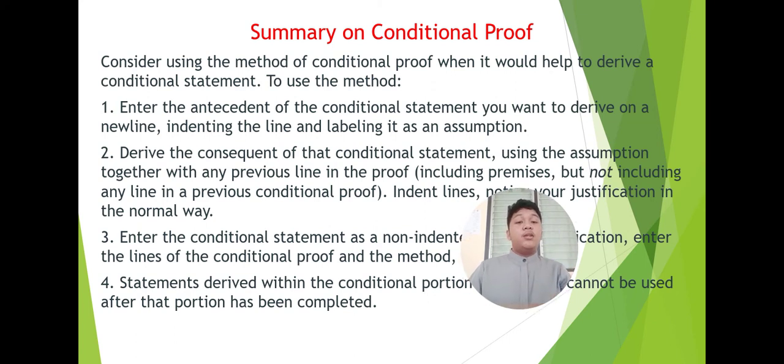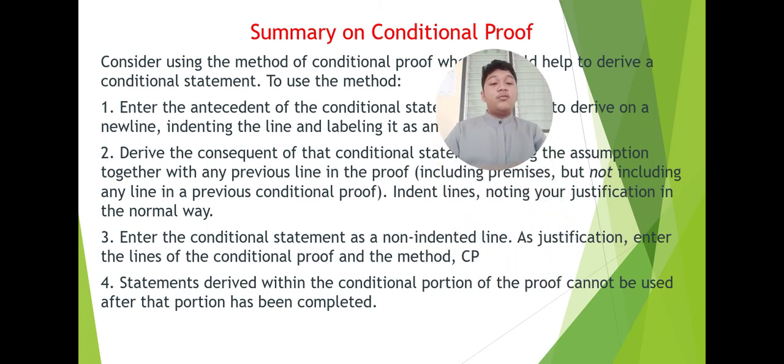Second, derive the consequent of that conditional statement by using the assumption together with any previous line in the proof, including the premises but not including any line in a previous conditional proof. Third, enter the conditional statement as a non-indented line. For the justification, enter the lines of the conditional proof and the method, CP. The statements derived within the conditional portion of the proof cannot be used after that portion has been completed.